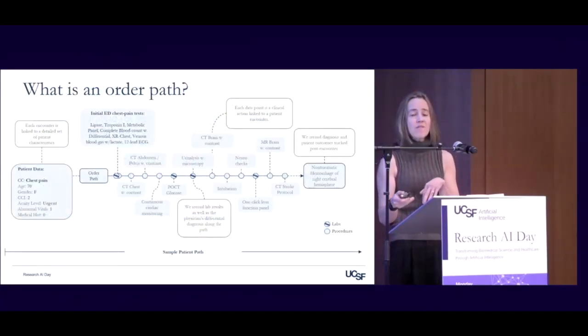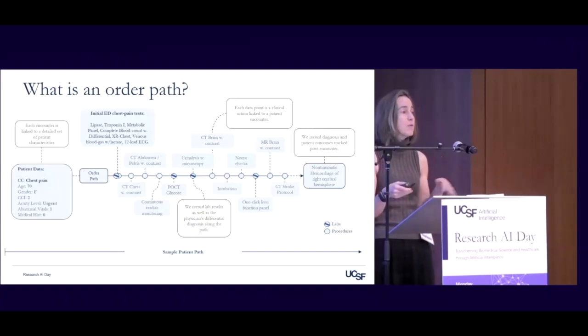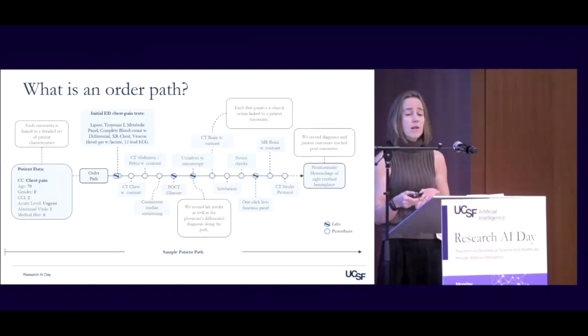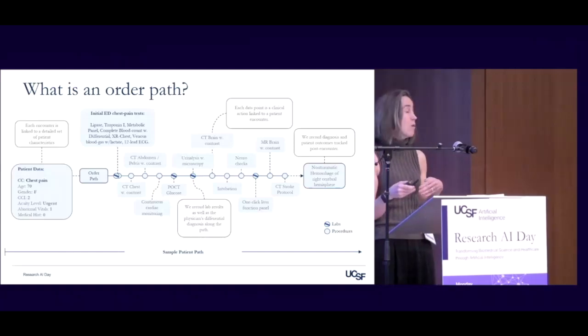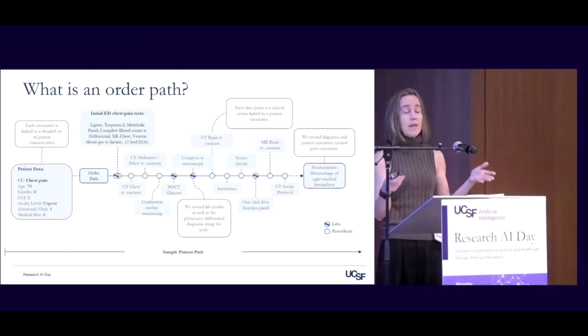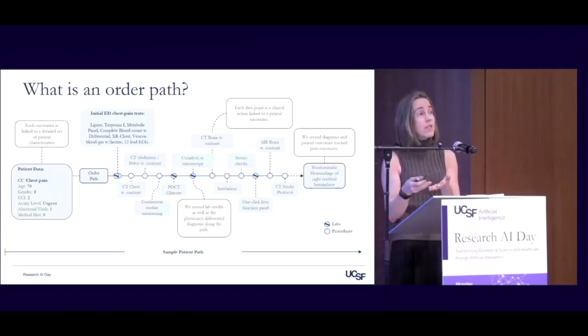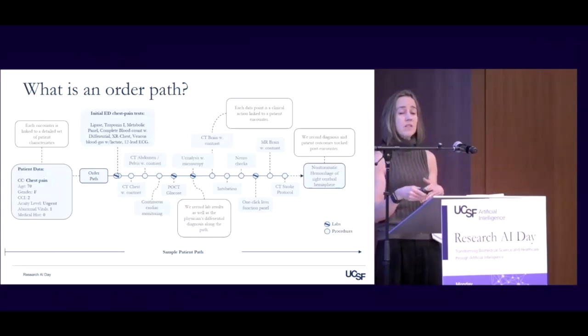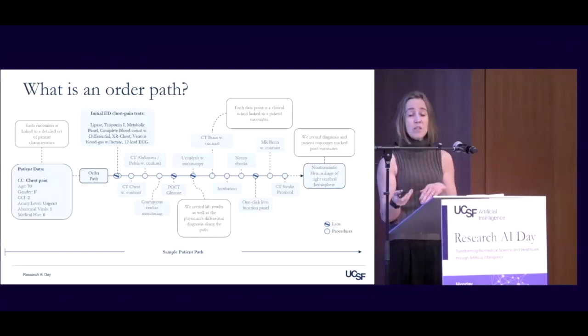I'll give you a flavor of what this looks like. Here's an example of some of the data that's used to train these models. We have a patient that presents to the ED, a woman with chest pain, 70 years old. Over time, of course, we follow that patient. We record orders that are placed, including a number of initial exams and tests, diagnostic tests, as well as imaging.